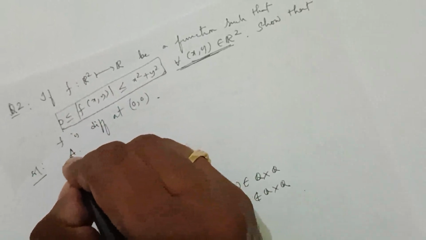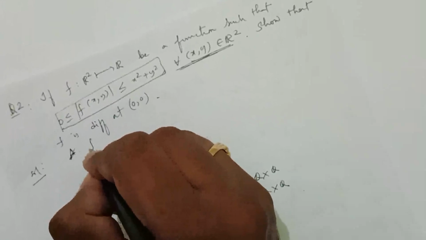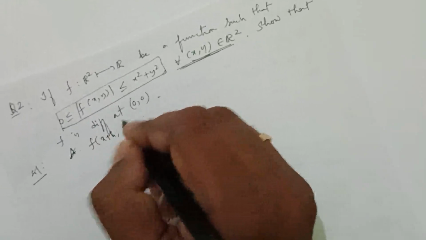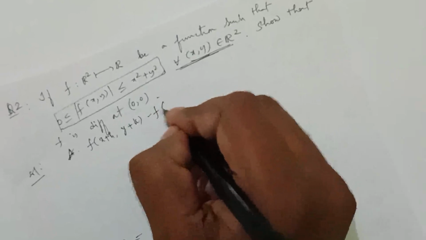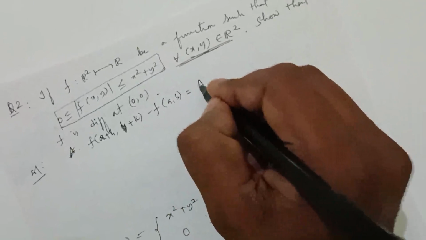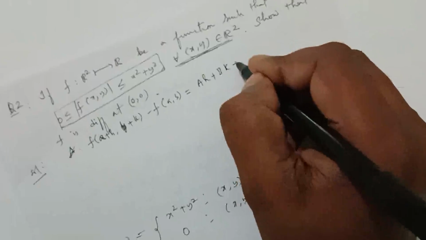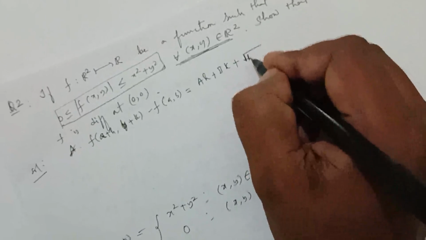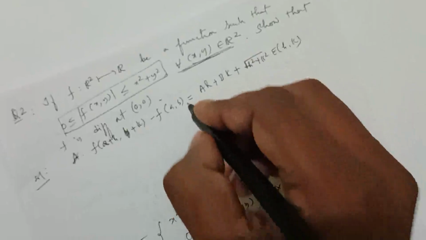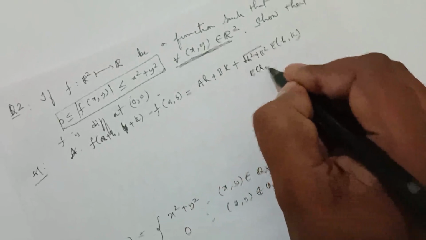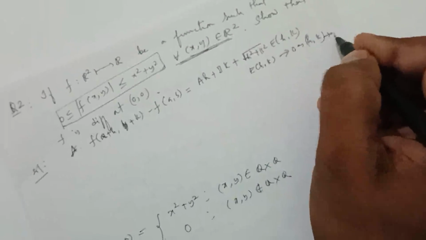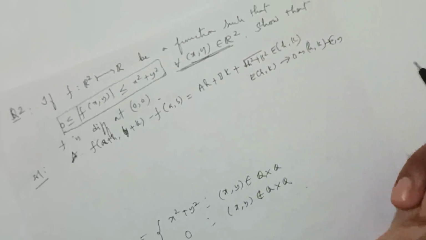In fact, f is said to be differentiable if f of x plus h comma y plus k minus f of a comma b equals a into h plus b into k plus square root of h square plus k square e of h comma k. And this is differentiable if e of h comma k tends to 0 as h comma k tends to 0 comma 0.